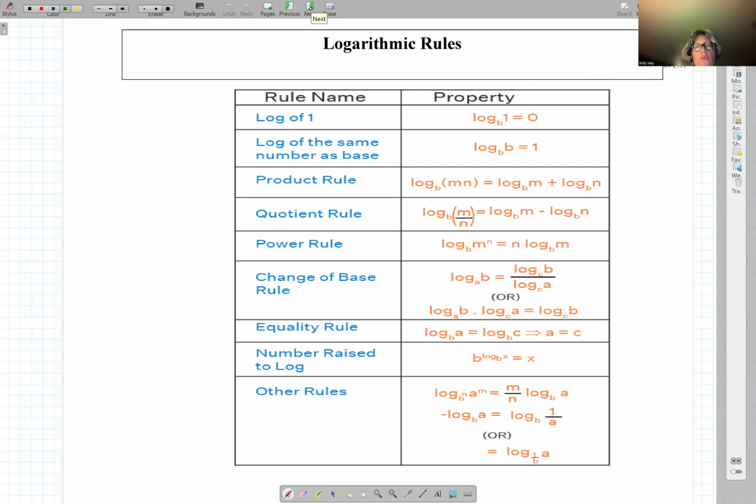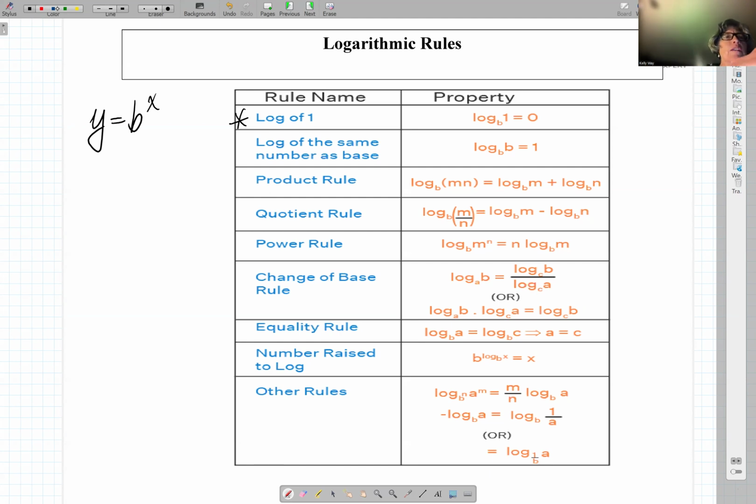These are your basic log rules. And let's just kind of go over the very first one, which is the most important. Let's just backtrack. Again, logs are the inverse operation of exponents. So your basic exponent started with this, y equals b to the x.